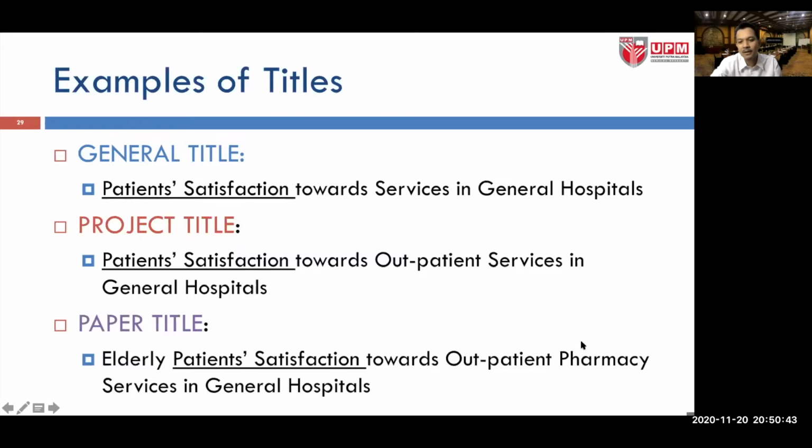It's not about emergency, it's not about children or gynecology or whatever. It is about elderly patient satisfaction towards outpatient pharmacy services. You may want to be very specific, in Hospital Serdang or Putrajaya Hospital. So you can have a more specific paper title.